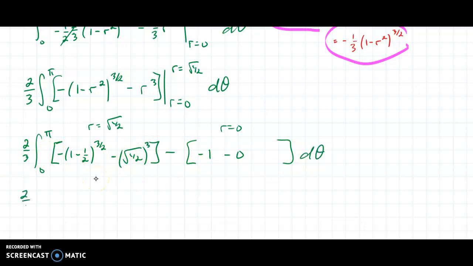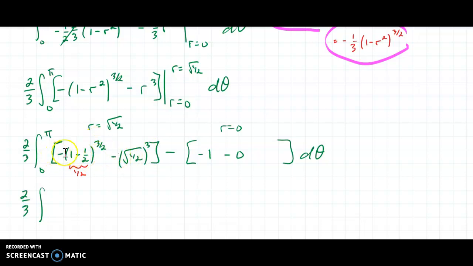So this is 2/3 integral. All right, what do we have here? This is a half. Notice this is 1/2 to the 3/2, and it's negative. And then look, this is actually also 1/2 to the 3/2 because it's cubed and square rooted. That's the same as the 3/2 power.